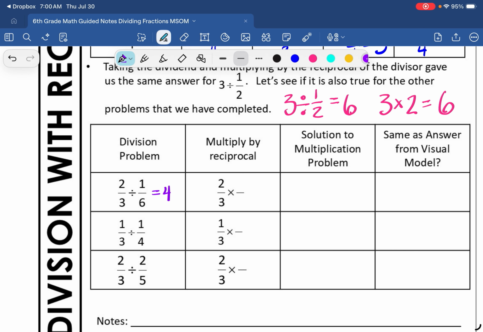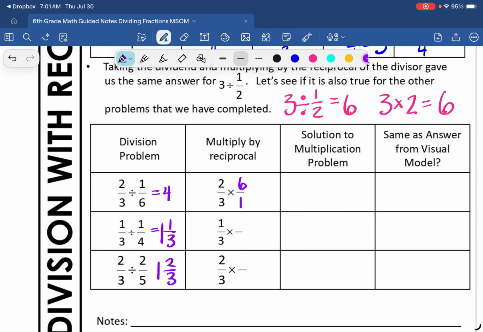We figured out that 1/3 divided by 1/4 equals 1 and 1/3. And we've already determined that 2/3 divided by 2/5 is 1 and 2/3. We're going to see if this works with multiplying by the reciprocal instead, and if it gives me the same answer.